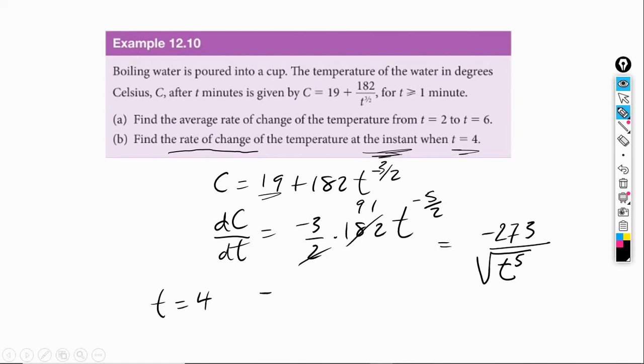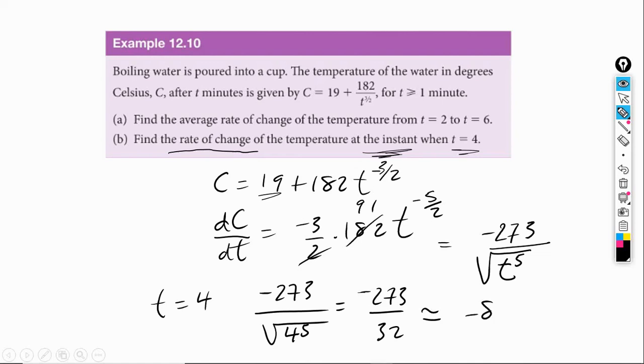So this is going to be negative 273 divided by the square root of 4 to the 5, and that is going to give us negative 273 over 32, and then plugging that in the calculator is going to give us approximately negative 8.53 degrees Celsius.